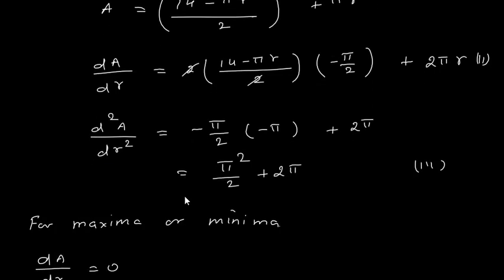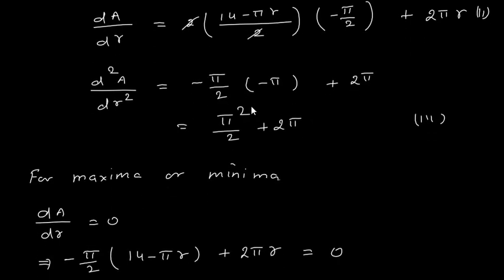Then we differentiate it, and the derivative we got is 2 pi r minus 14 pi, minus plus, it should be 14 pi, minus pi r square, yes, this is right.